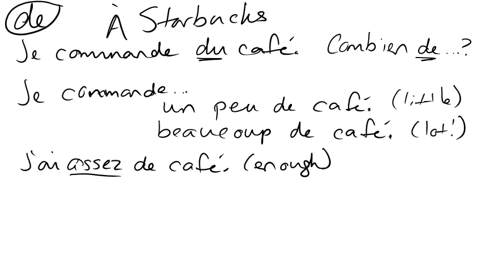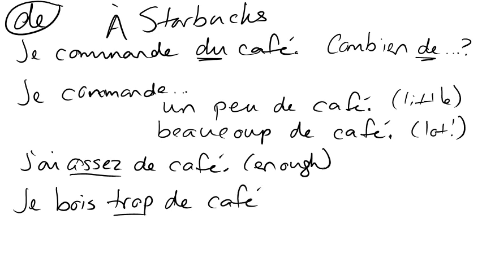Basically, it's assez de café pour moi. Or, of course, sometimes you have too much coffee. So if that happened, I could drink too much coffee. So, je bois trop de café. So basically, if I got a venti, that would be too much.